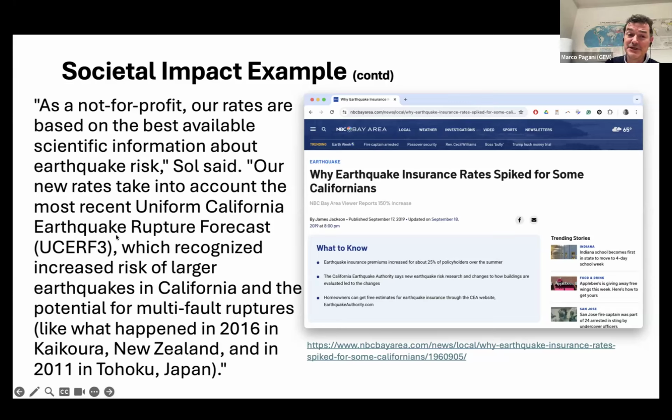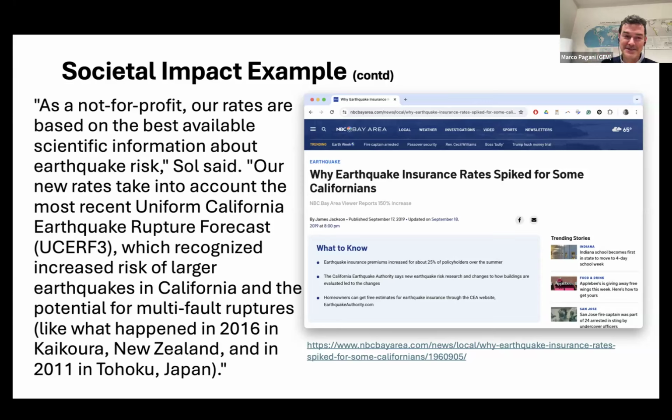And the implication of that was that the rates from the California Earthquake Authority went up, and went up quite a bit. So this shows how strong the impact can be of work that, of course, we approach from a purely scientific point of view, and indeed, I think we all have a very high consideration for UCERF.